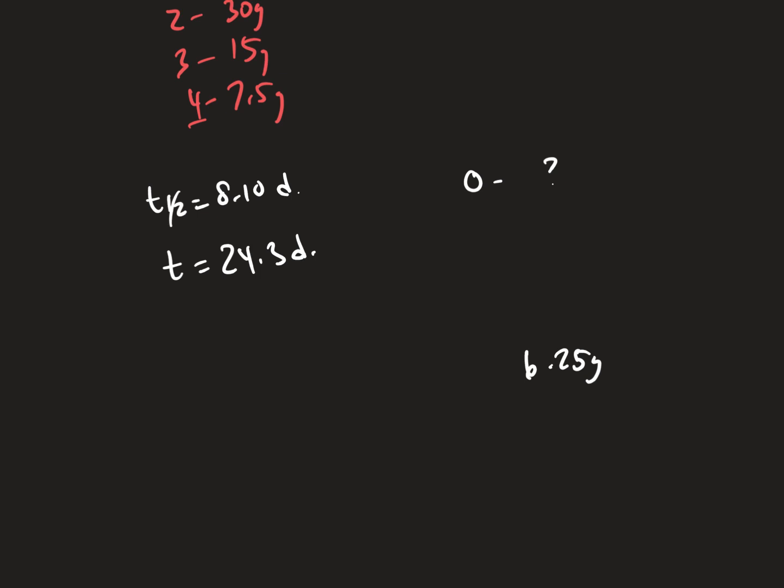That means after our third half-life, we have 6.25. How much do we have after our second half-life? What do we do? Multiply by 2. Instead of divide, because we're going the other way, multiply by 2, we got 12.5. With me? After 1 half-life, how much do we have? 25. And so our original amount is 50 grams. Pretty straightforward, or no?